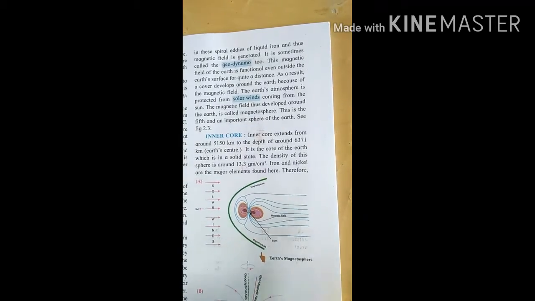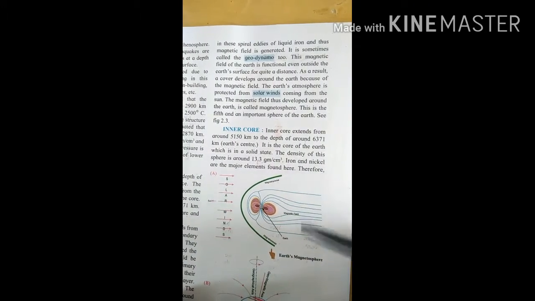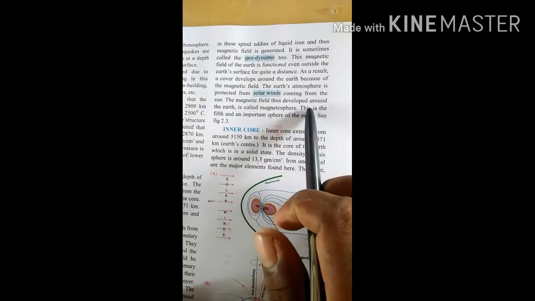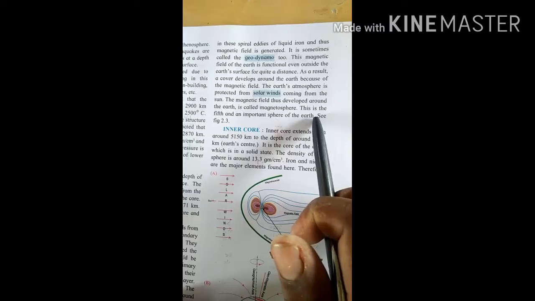In previous standards we studied the layers of the earth: atmosphere, lithosphere, hydrosphere. Here solar winds also develop near it. This is the fifth and important sphere of the earth, you can see.